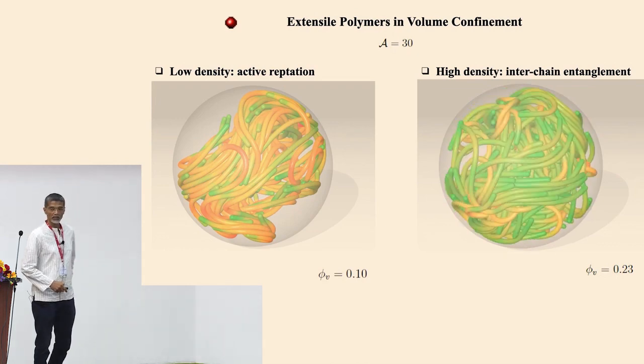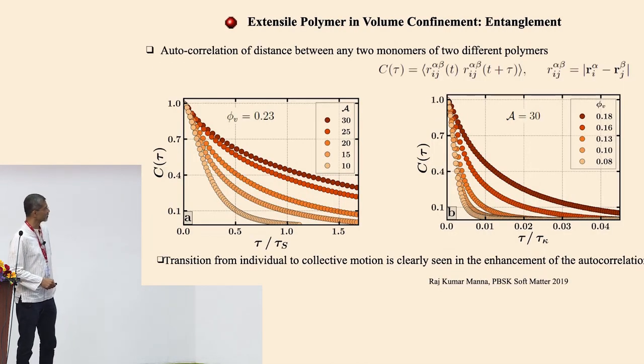I can characterize this. I can look at the autocorrelation between two different beads in two different polymers, and plot those as a function of activity, that is the strength of the dipole, for a fixed concentration, or for a given activity as a function of the concentration.